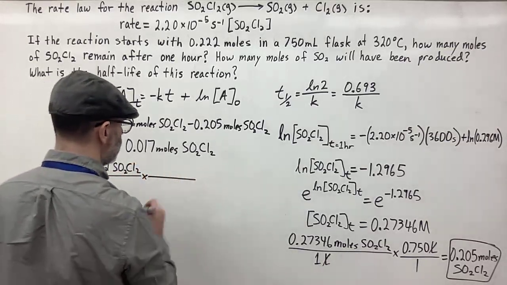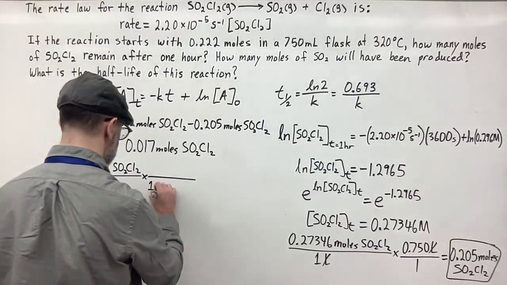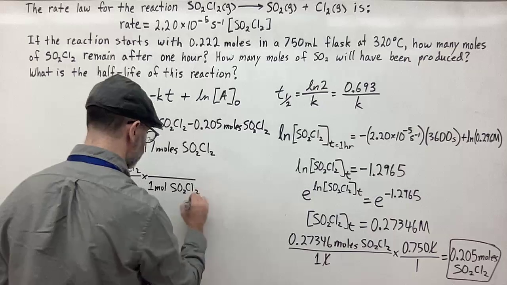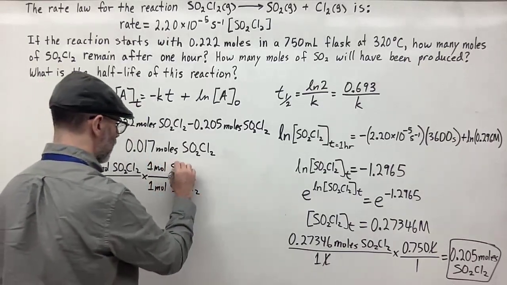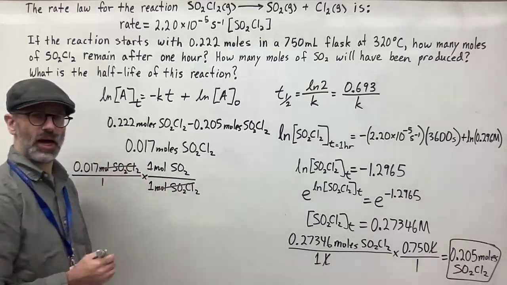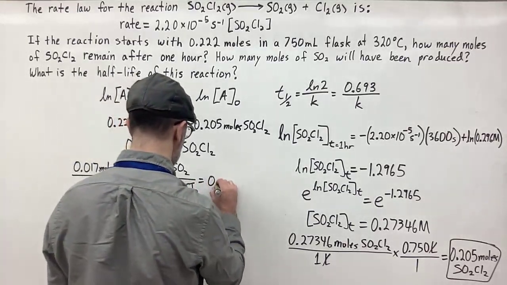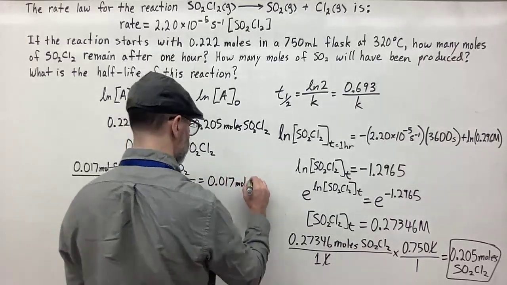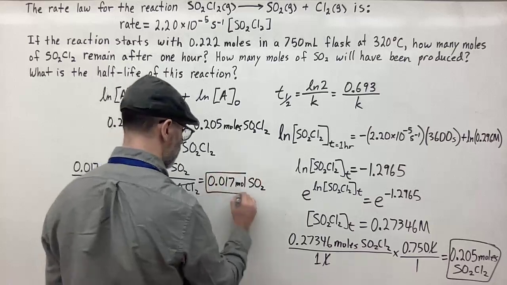It's 1 to 1, so 1 mole of SO2Cl2 on the bottom and 1 mole of SO2 on the top. So moles of SO2Cl2 cancel out, and that leaves us with the same number of moles, 0.017 moles of SO2 has been produced.